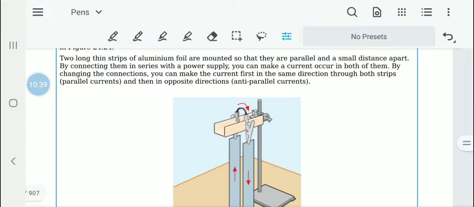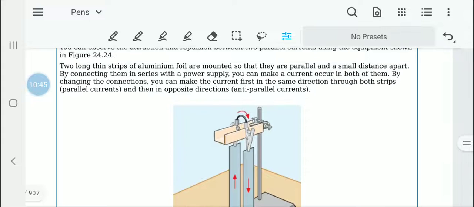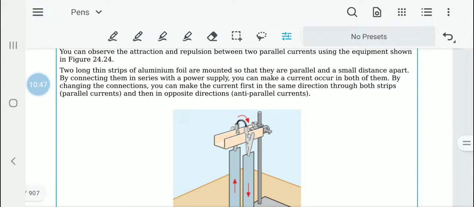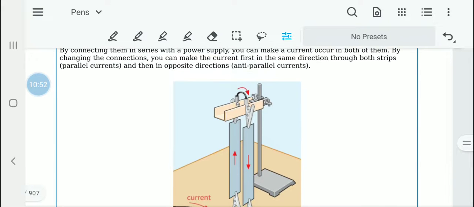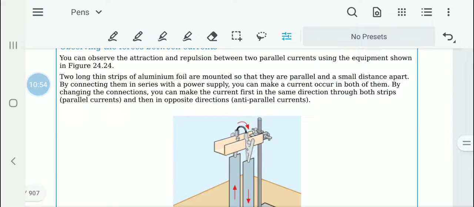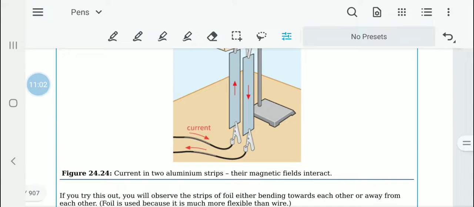Then we connect them in series with the power supply. As you can see from the top, they are using crocodile clips, connected in series. Then we allow a current in both of them. As they are connected, you can see that they have an opposing effect. Anti-parallel currents are going to be there.